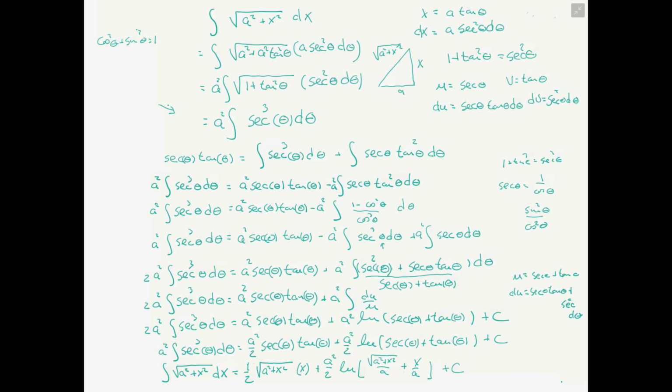So you can be pretty proud of yourself for tackling this problem. This was not a trivial problem. And if you notice the integrand here, just one last note, the integrand of this integral is from the Pythagorean theorem. So this is not a trivial integral by any means. The Pythagorean theorem is something that we run into time and time again.